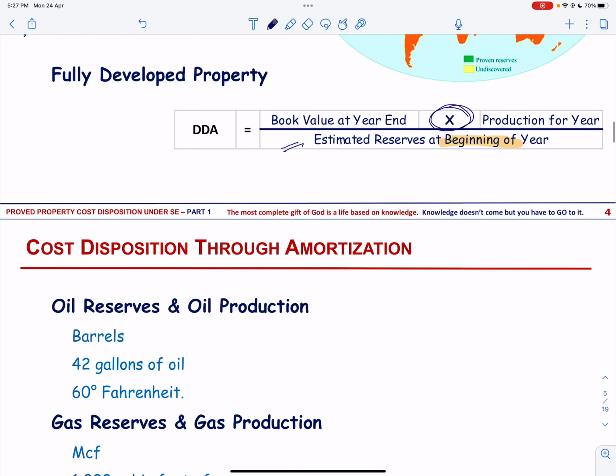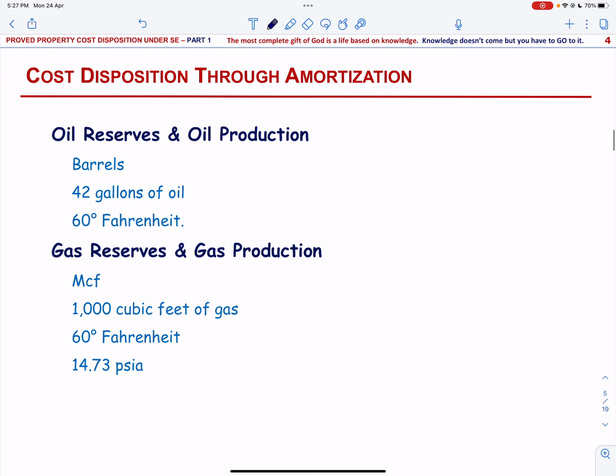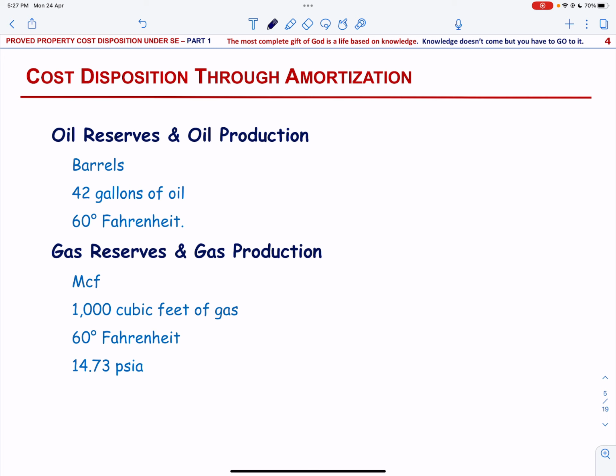Next, let us see how we measure oil and gas. Oil reserves and oil production are measured in terms of barrels. A barrel is 42 gallons of oil measured at a standard temperature of 60 degrees Fahrenheit.